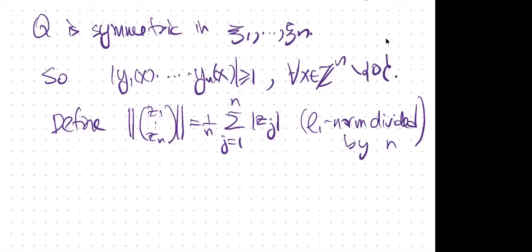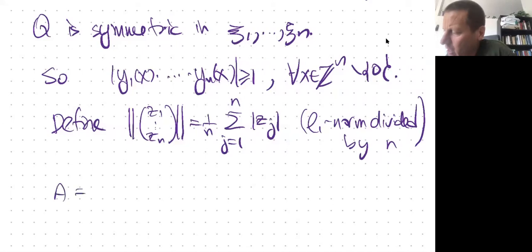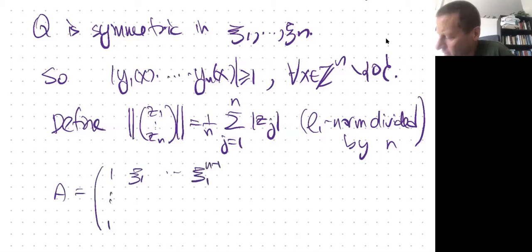Yes, yes. Okay, now let's define a lattice. So A will be the matrix with rows 1, C1, up to C1 to the n minus 1, etc., and 1, C2, up to Cn to the n minus 1.